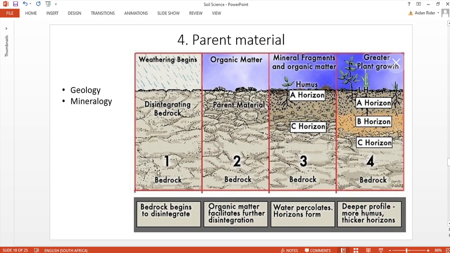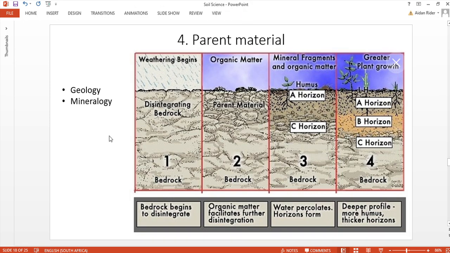So geology has to do with that type of bedrock. If you get maybe sandy soils, they are formed from rocks that contain quartz. So then you'd know the parent material will have to be quartz, or a type of quartz like granite or sandstone, if the end product was something that is a bit sandy. If the end product was something that looks clayish or feels like clay, it could have been formed from shale or dolomite bedrock.